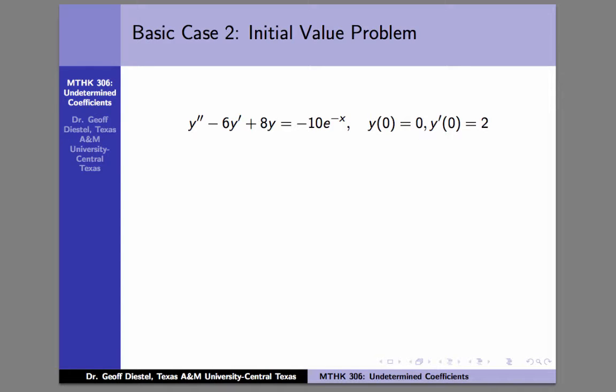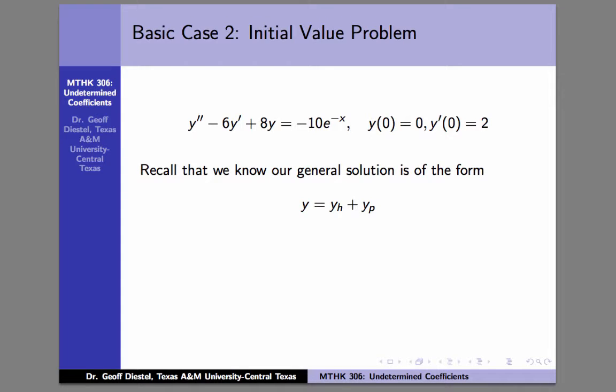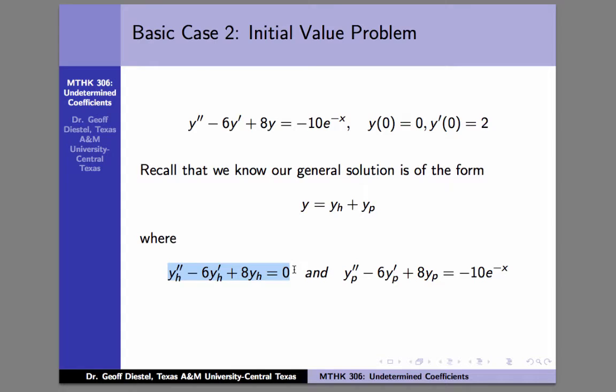So again, from our general presentation of solving linear equations, we know that our solution y has two parts. The homogeneous solution, or y sub h, solves the homogeneous equation, where we just make the right-hand side 0.